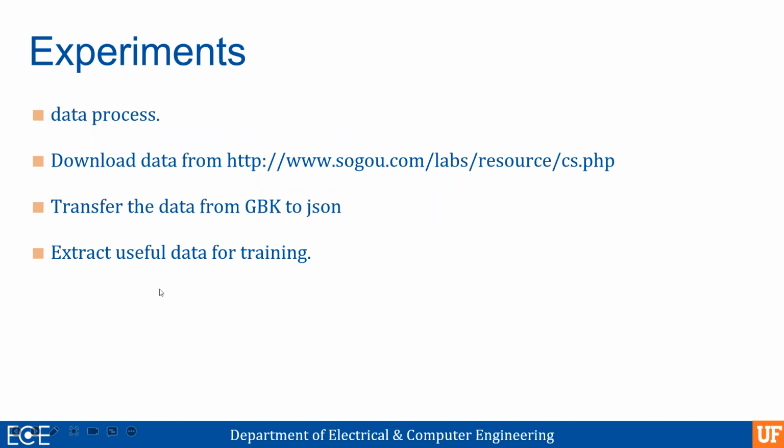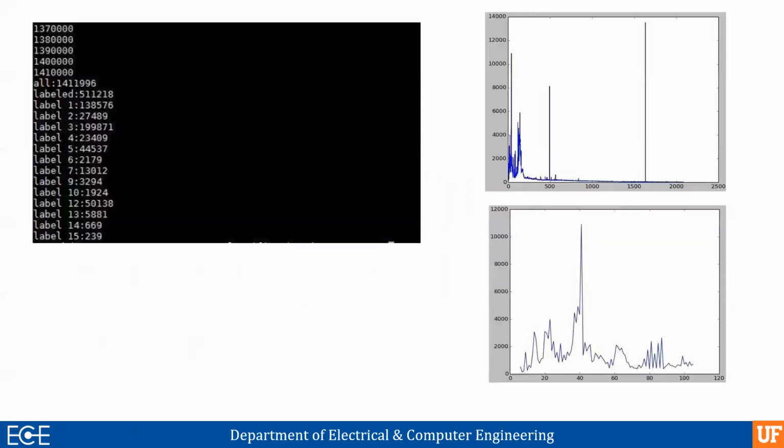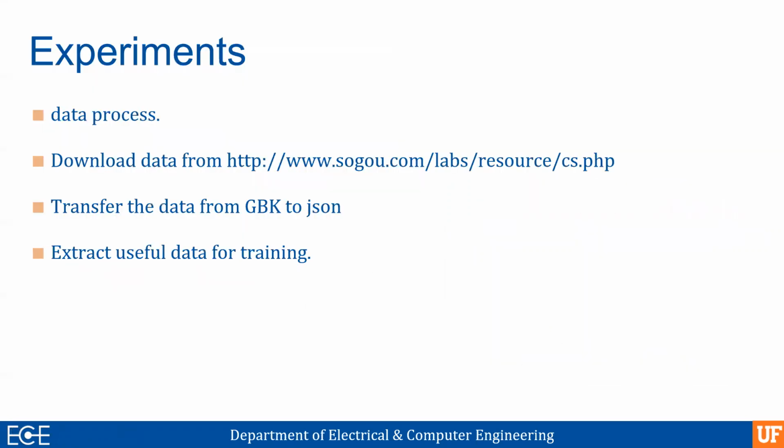Finally, we have to extract useful data for training. As we can see, the data we downloaded is not very useful for our training. It has many different lengths and many different kinds of categories.